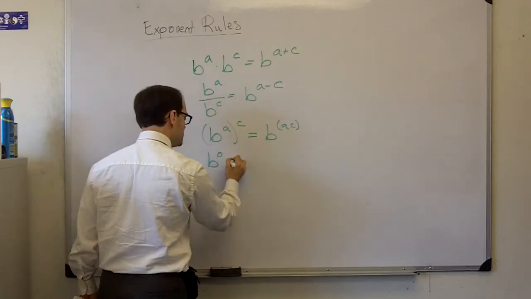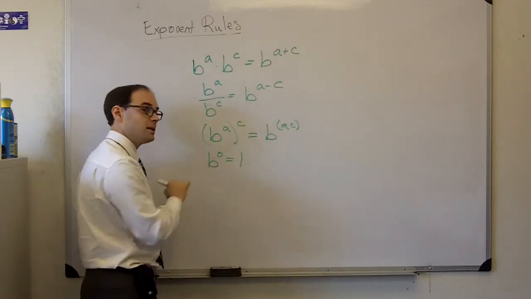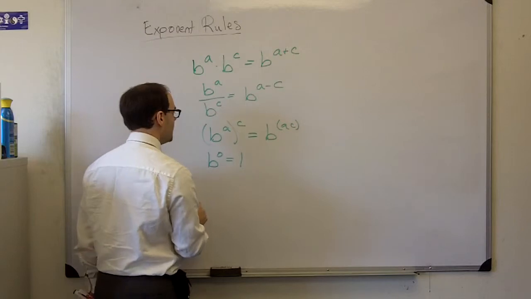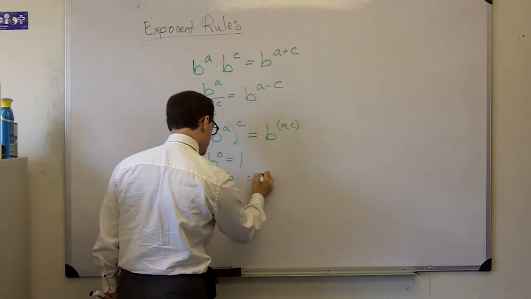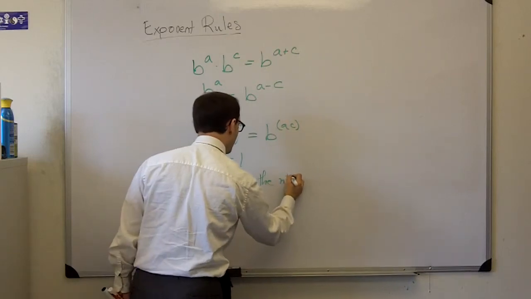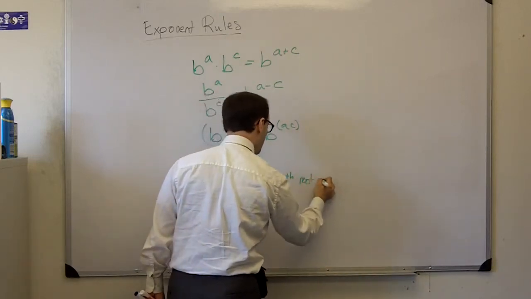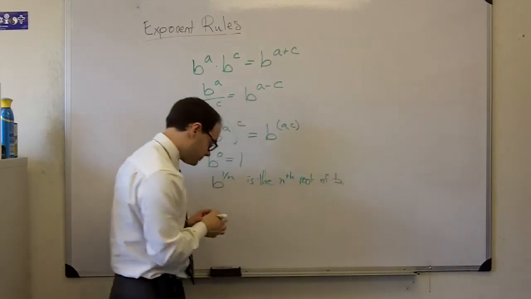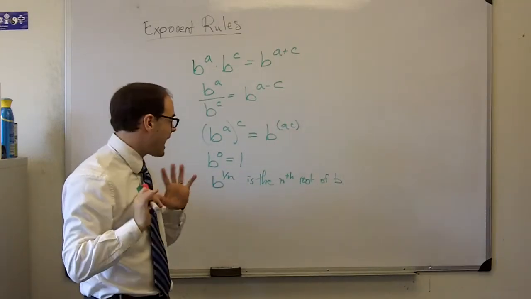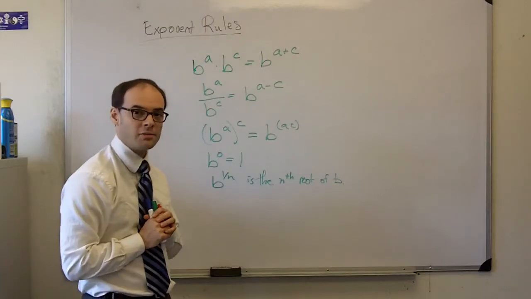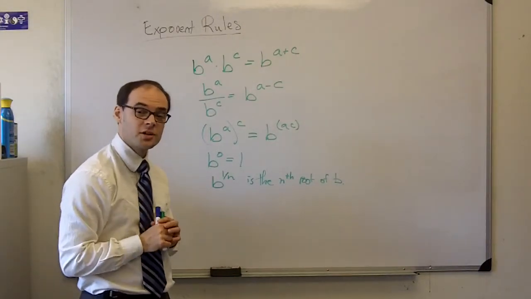And from these, b to the 0 is 1. Any b at all to the 0 is 1. And the other thing is b to the 1 over n is the nth root of b. So these are the exponent rules that you'll want to run across and have down pretty well. It'll help you a lot in manipulating expressions of various sorts that involve exponents.